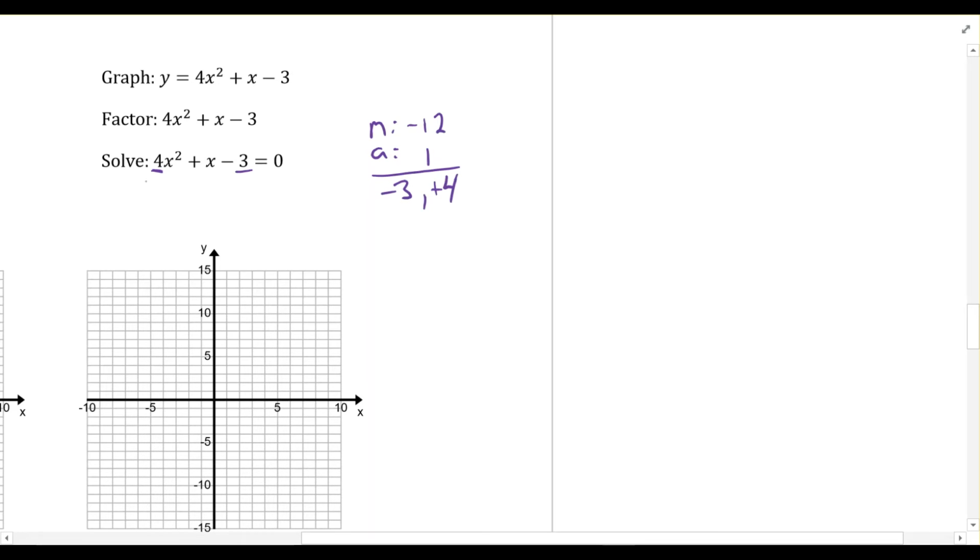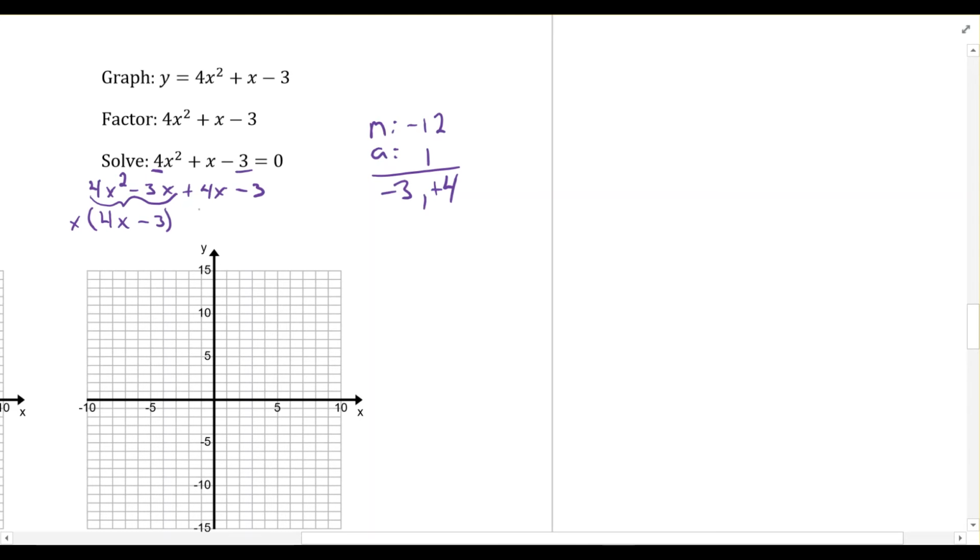Let's rewrite this as 4x squared minus 3x plus 4x minus 3. Now we're going to factor this first one by grouping. So we're going to factor out just an x is all we can get out of that one. And we are left with 4x minus 3.